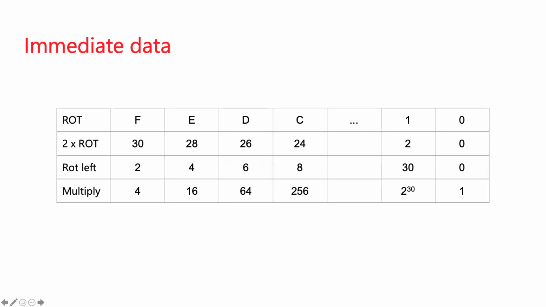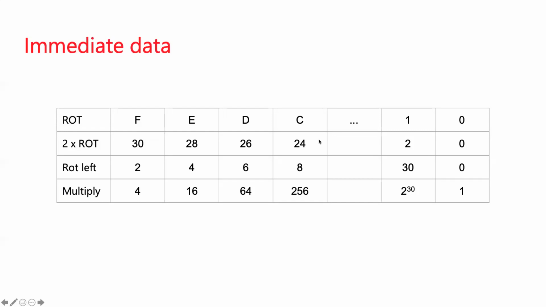But if you say rotate by an offset of F, or in decimal 15, well, that's 15 to the right, so that's the same as a rotate 2 to the left. So that'll take your 8 bits and slide them to the left by 2, effectively multiplying them by 4 if you want to think of it as a number.